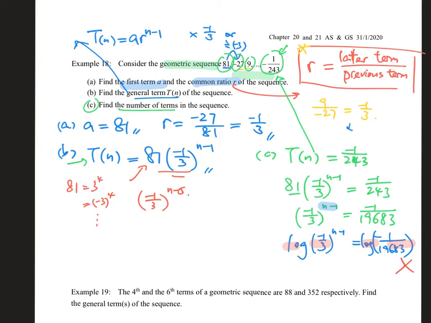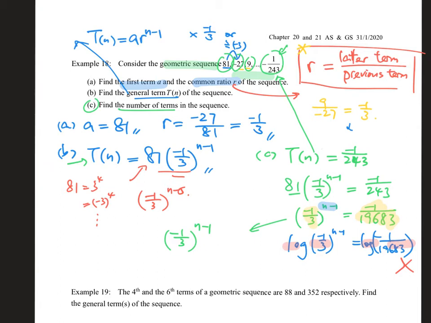So for methods like this, sometimes we need to find another way. Log doesn't work, though it would be a very good way to find the unknown in the index. So what shall we do? The technique for this question is that you expect this number to be a power of -1/3, because you expect n to be an integer.